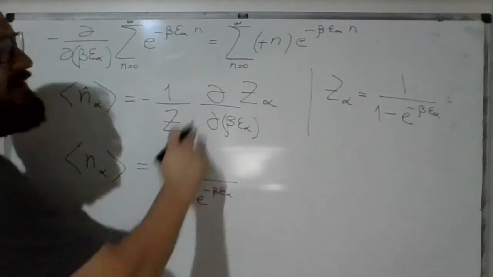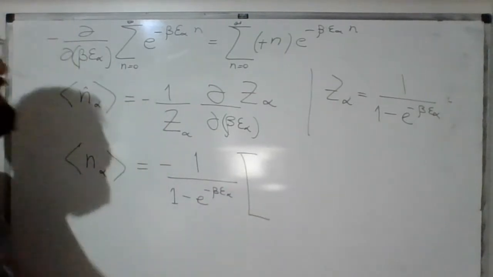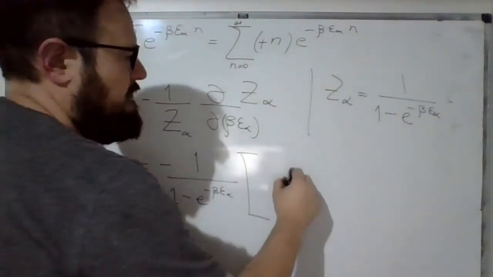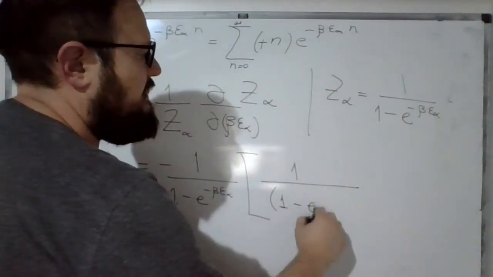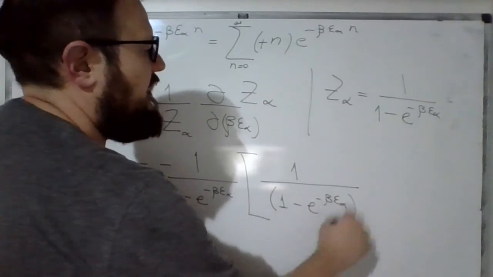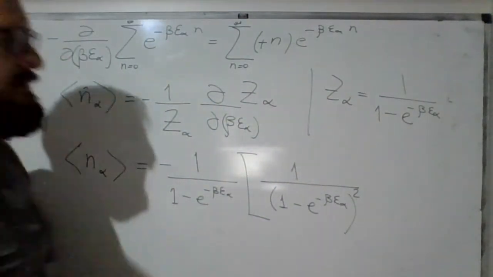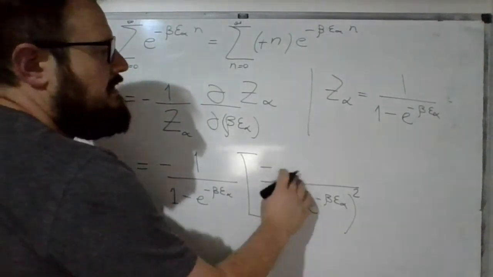And when we derive this expression here, we need to calculate the derivative. We have 1 divided by 1 minus e to the minus beta e alpha squared, and it comes with a minus sign here.